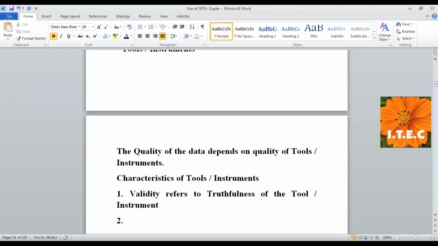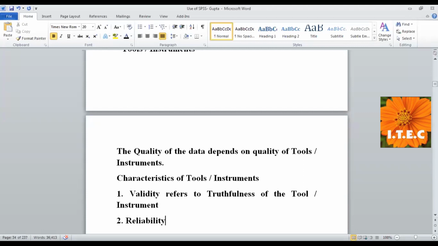Now another is called reliability. My dear friend, you might have experienced that sometimes people say that the marks which a student obtains in a particular test does not really indicate his or her understanding.